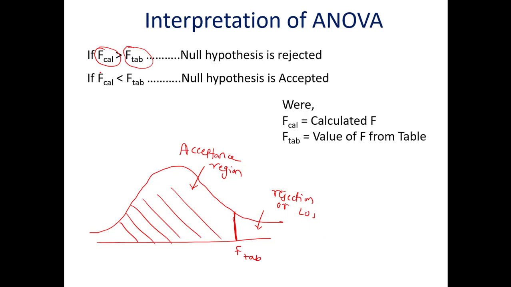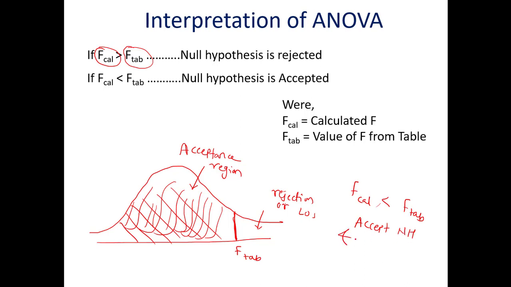Now, if the F calculated value is smaller than the F tabulated value, it means the calculated value of F lies in the acceptance region. So in that case, we accept the null hypothesis and reject the alternate hypothesis.